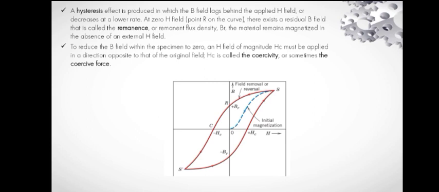To reduce the B field within the specimen to 0, an H field of magnitude H sub C must be applied in the direction opposite to the original field. The H sub C is called the coercivity, or sometimes the coercive force.